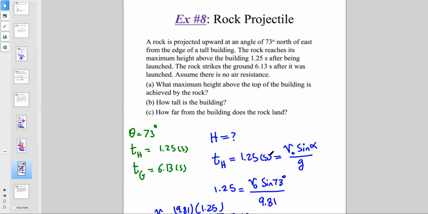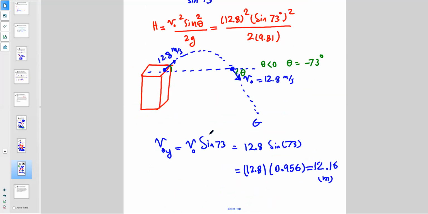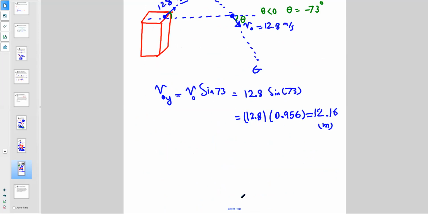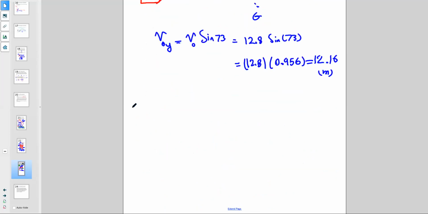Part C is asking how far from the building does the rock land. So we have the initial velocity along the x direction, v0 cosine alpha, which is 12.8 cosine of 73.